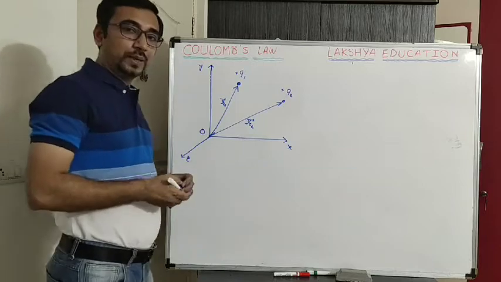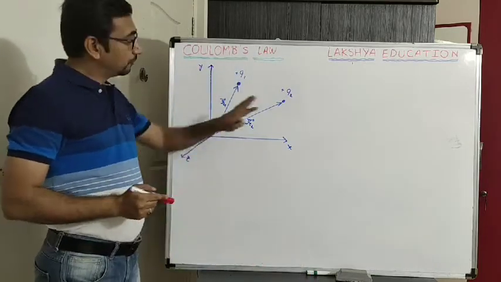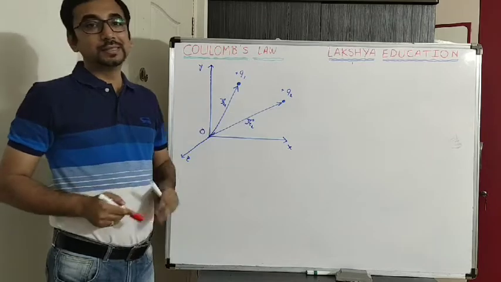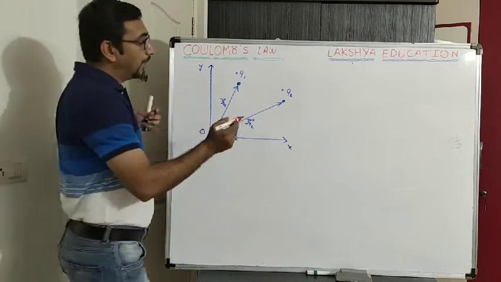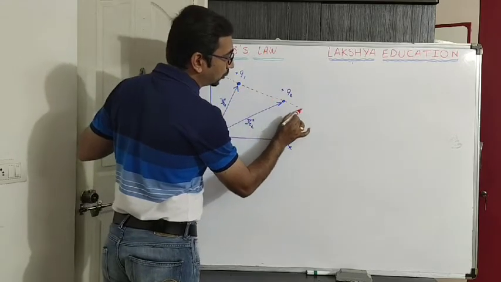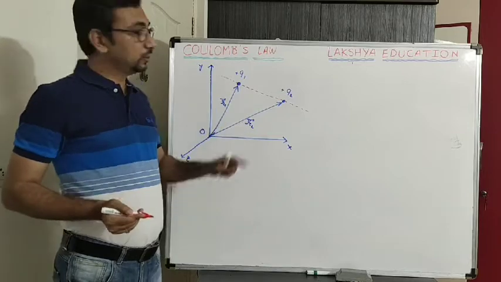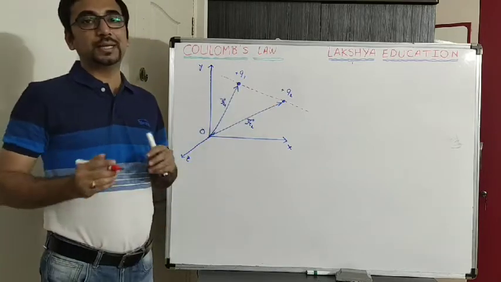Now we want to find out the force of interaction between these two charges. Suppose force is acting on charge q2 by q1. Now according to Coulomb's law, the force of interaction is always along the line joining these two charges.